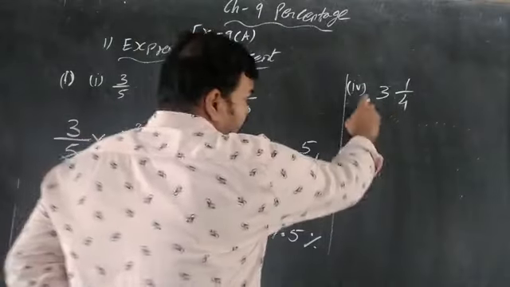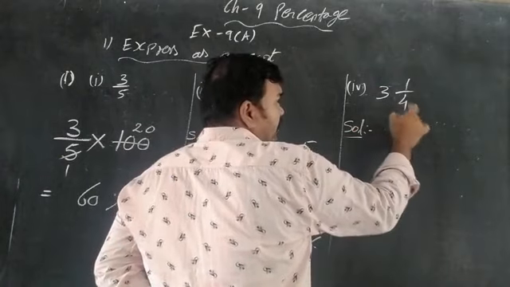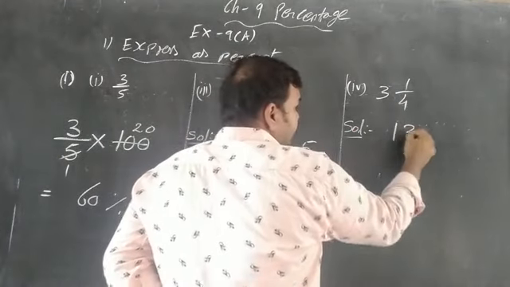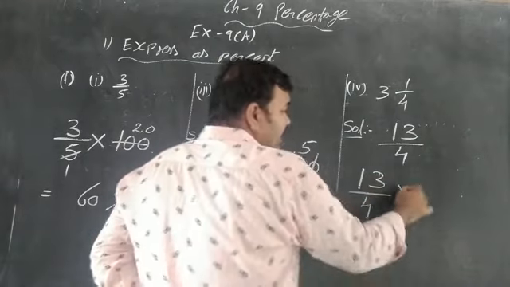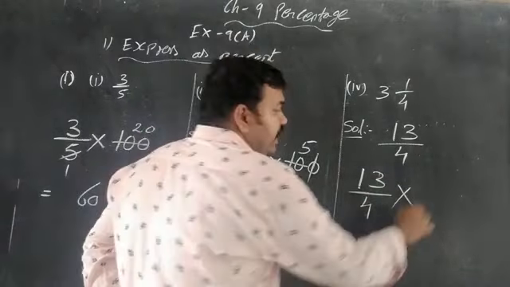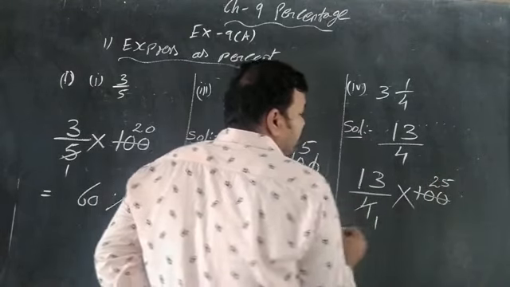This one is given in the form of 3 1 by 4. First change the mixed fraction to an improper fraction, which is 13 by 4. What do we have to do with this 13 by 4? Change it to the form of percentage. That means we have to multiply by 100. 4 ones are 4, 25 times.